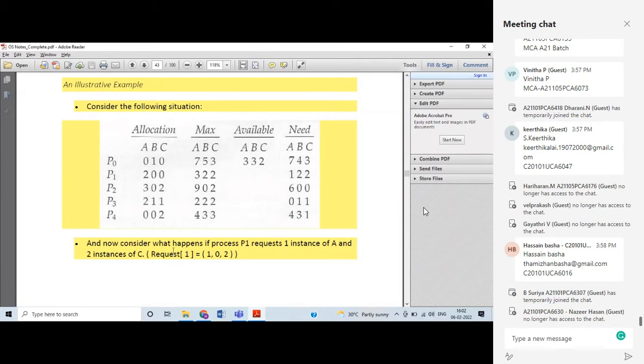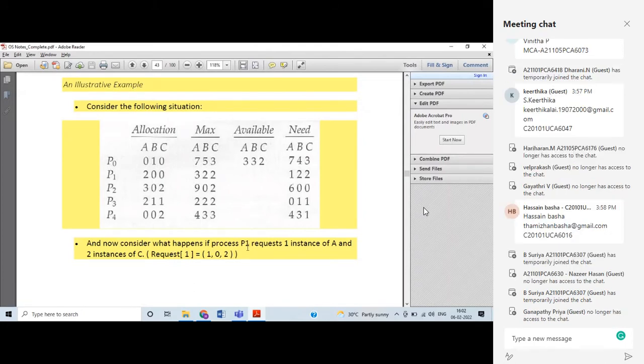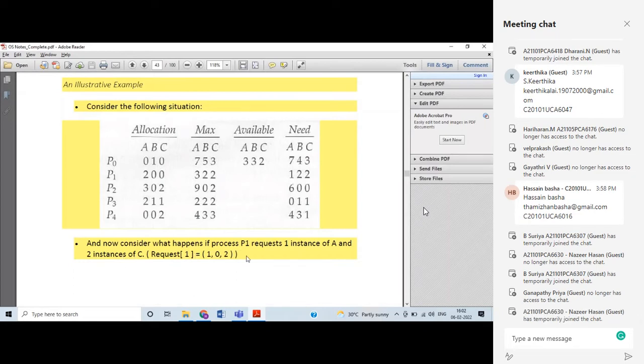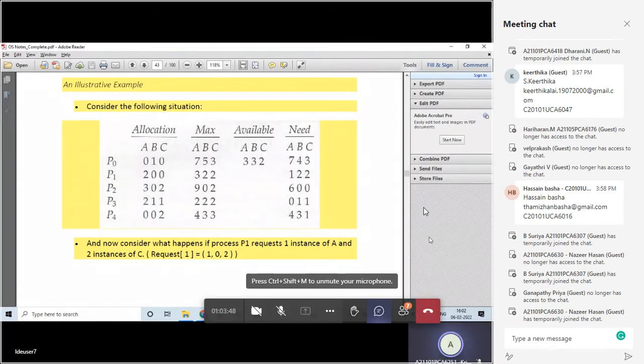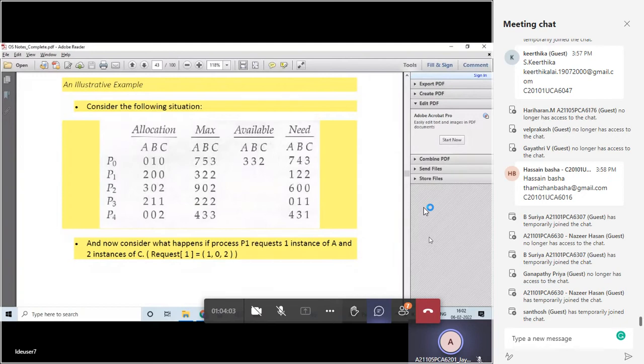Now the question is like this. But now consider, what happens if process P1 requests one instance of A and two instances of C. So what will the answer be? Will this be allocated or not? Yes ma'am, it will. Why? Available for A is 3, so 1 is possible, and for C there is 2, so it is possible. So good, this is the answer. So if P1 requests, we can grant it.